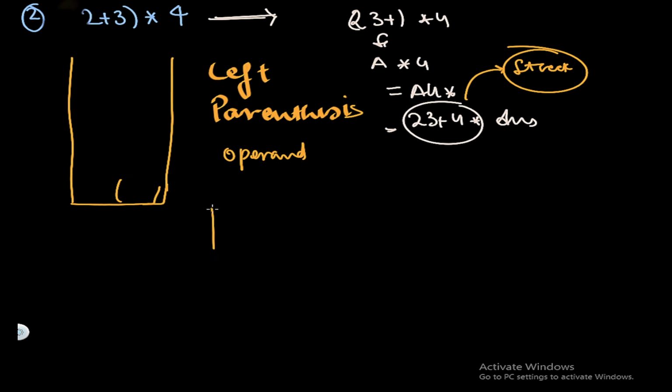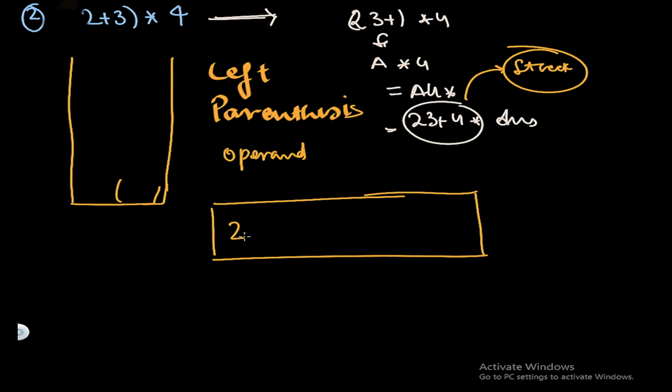The 2 should be in the output buffer, right? Now we have plus. So we do not have anything which has a higher precedence than that of plus. We have this as our stack top. So let us push plus into my stack.